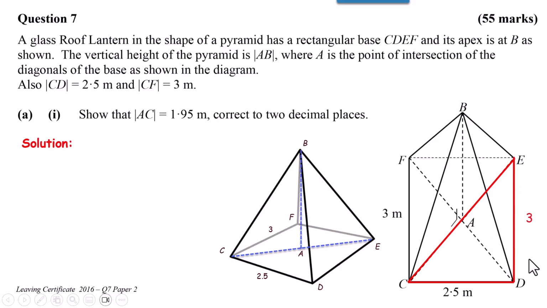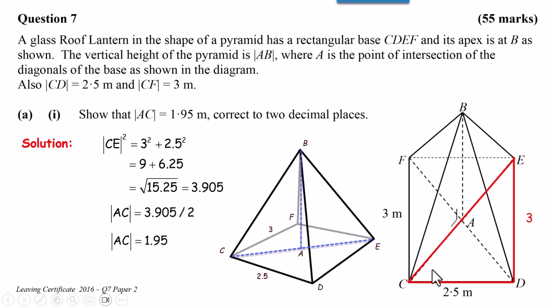So this distance here is also 3, so we could say CE squared is equal to 3 squared plus 2.5 squared, which is 15.25. So CE is the square root of 15.25, which is 3.905. So therefore AC will be half this distance, which is 1.95.